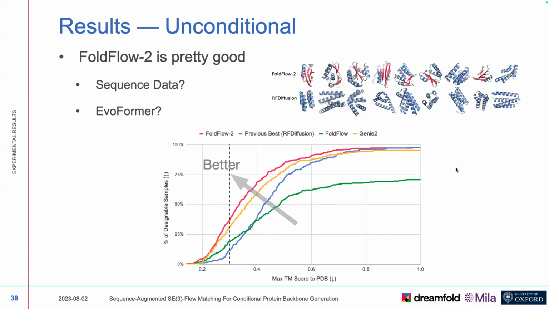So between these two extremes, we plot the various levels of designability given a level of novelty, and up and to the left is better. And we see that FoldFlow-2 substantially outperforms the previous best, which would have been RF diffusion, and even Genie 2, which is again a concurrent work, we're slightly better as well on this metric. So I think it's a pretty powerful setup.